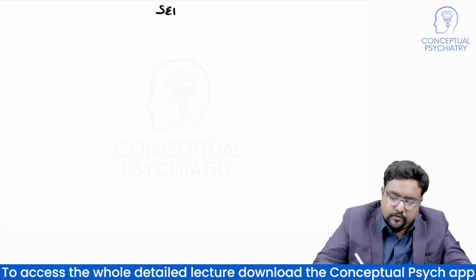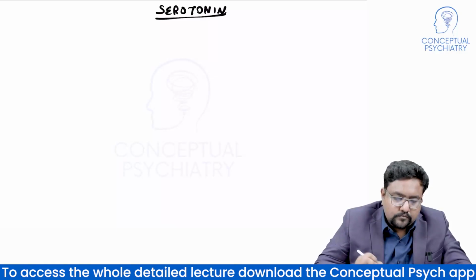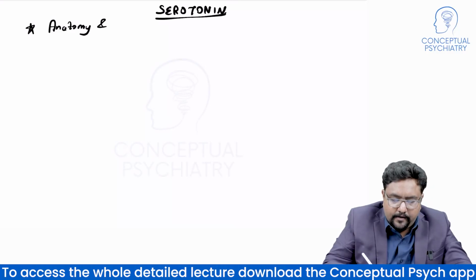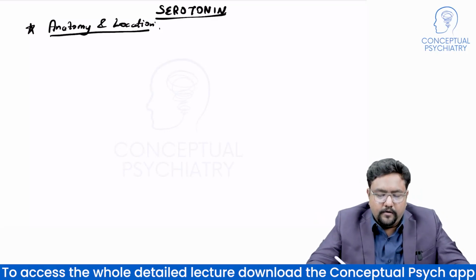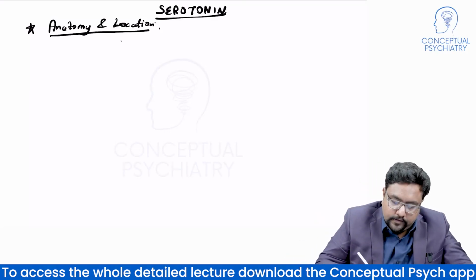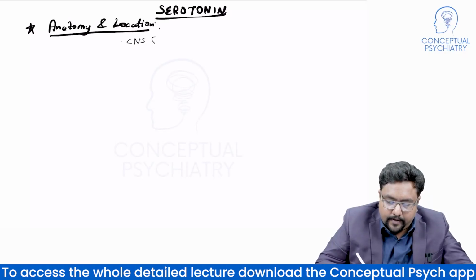Okay. So serotonin. The first point, as always, is anatomy and location. Where is it mainly located? It is found in the central nervous system and the peripheral nervous system.